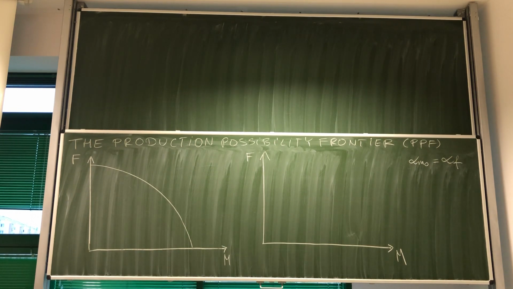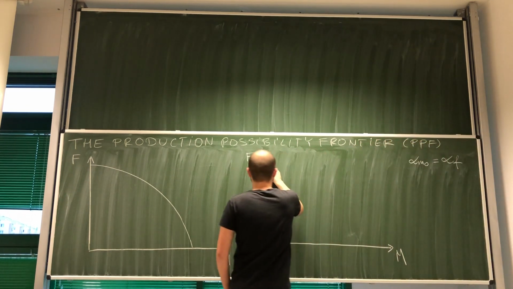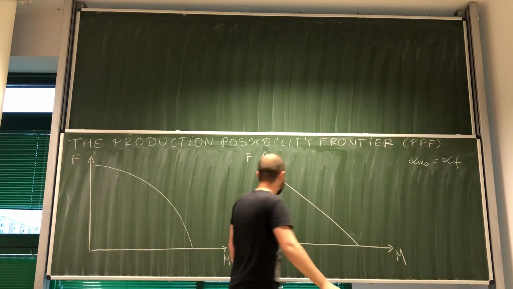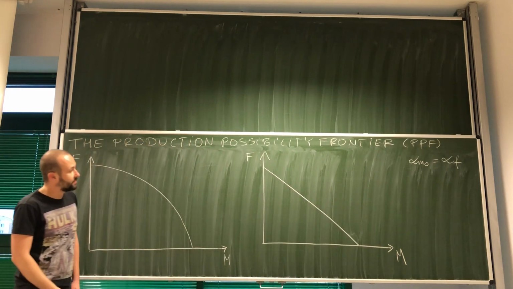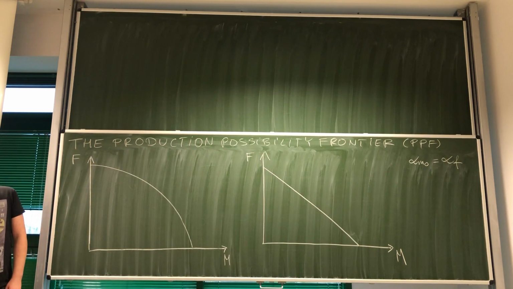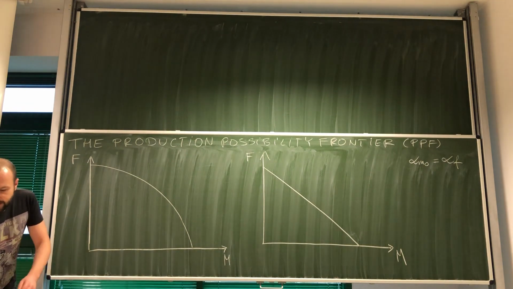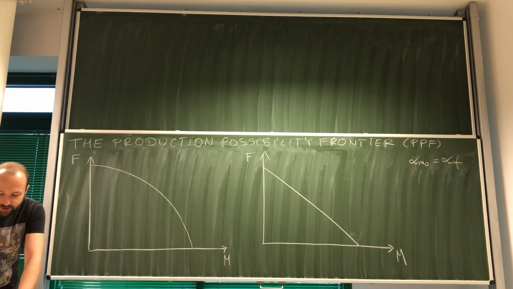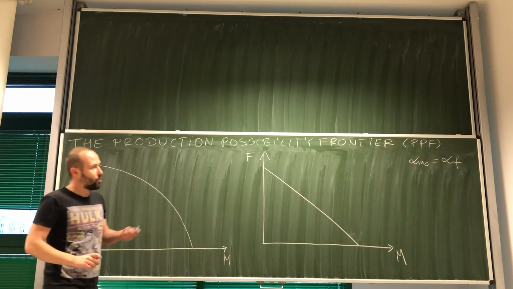With constant returns to scale again, this will give us a straight line. Now, as I hope you can already guess, we can trace back what is happening.